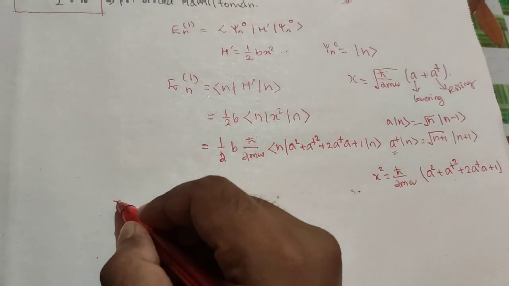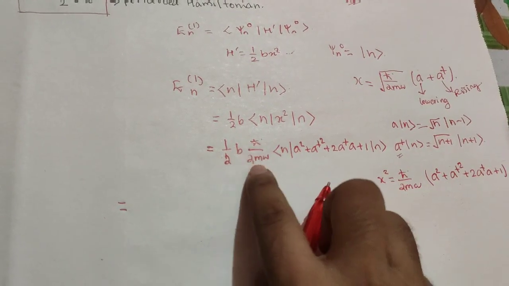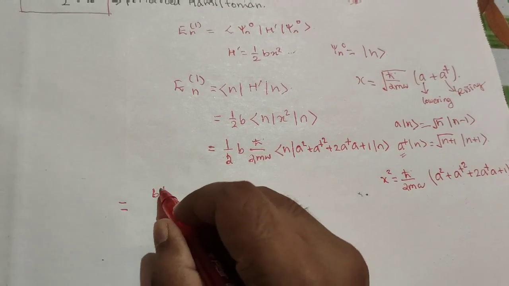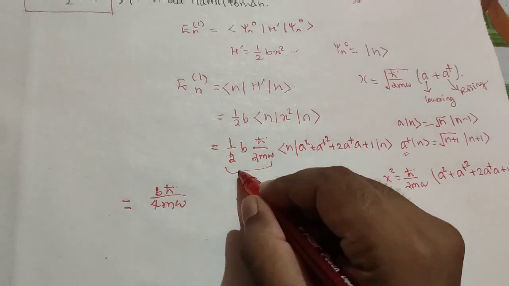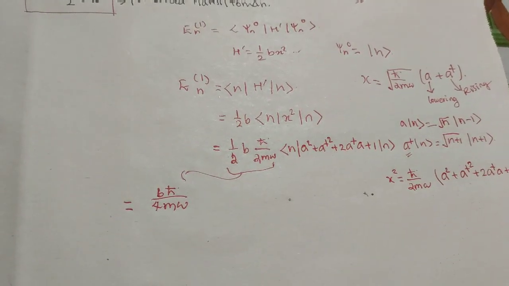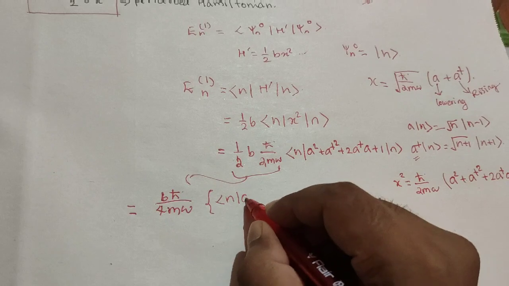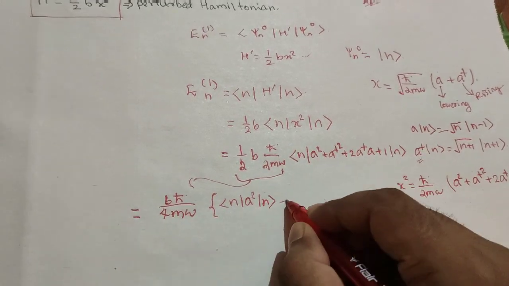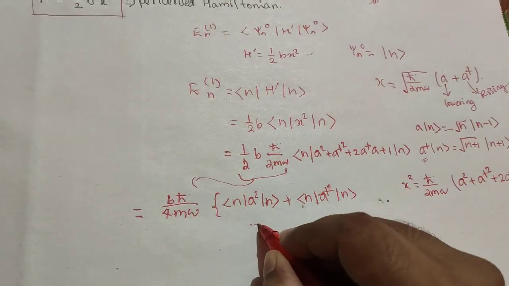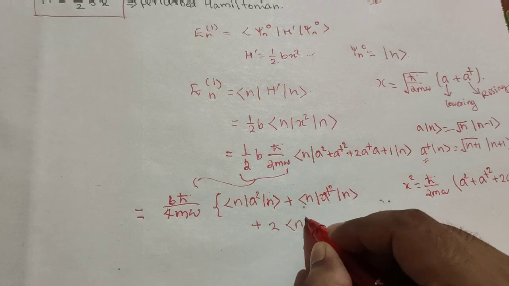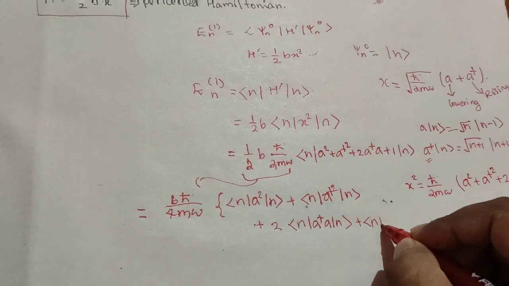Which is equal to, half and half become 1 by 4, b h bar by 4 m omega. Now we will write it separately: bra n a square ket n plus bra n a dagger square ket n plus 2 taken outside bra n a dagger a ket n plus bra n ket n.